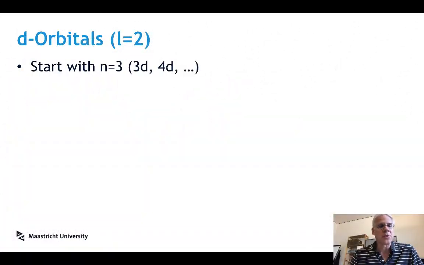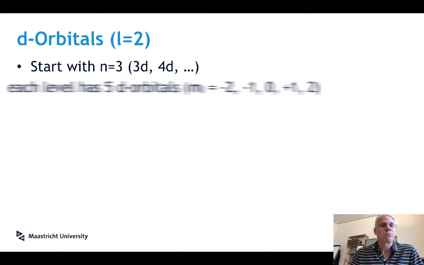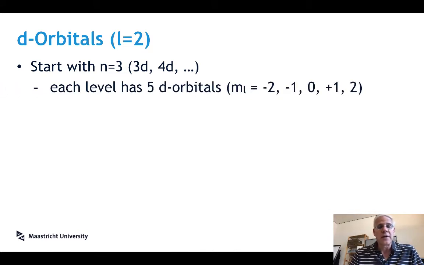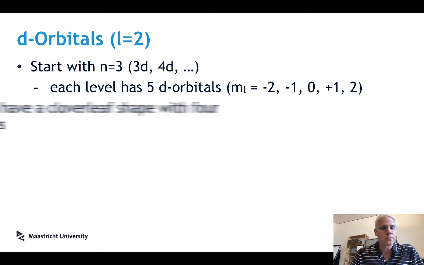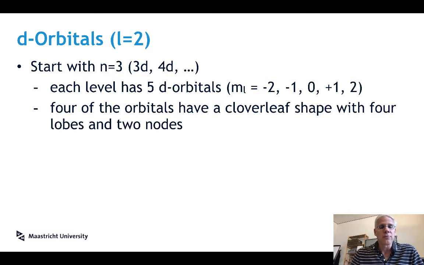Now let's take a look at our d orbitals, and these are our L equals 2. They start with the n value of 3, so there's no such thing as a 1d or a 2d. We just start at a 3d, and then 4d, 5d, 6d, etc. Each level has 5 d orbitals corresponding to our m sub l values of -2, -1, 0, +1, and +2. 4 of the orbitals have a very easily recognizable cloverleaf shape with 4 lobes and 2 nodes.